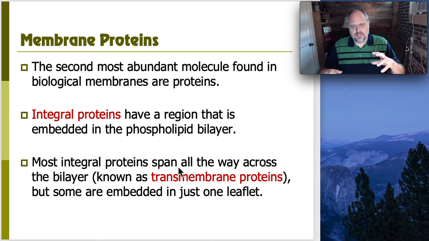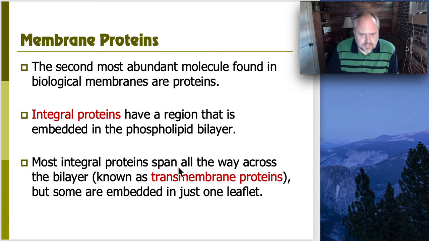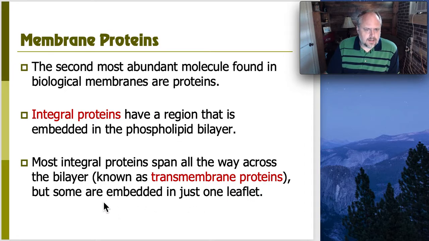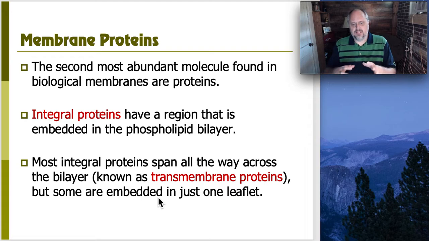One side is going to interact with the cytosol, one side is going to interact with the extracellular environment, and those proteins are known as transmembrane because they go all the way across the membrane. And there are some integral proteins that are just embedded in one leaflet, meaning that they would work on one side or the other.